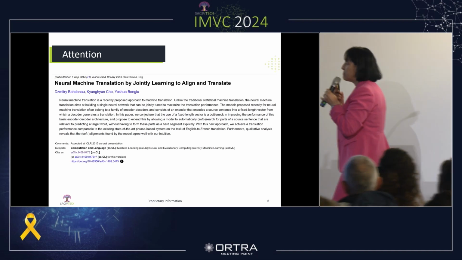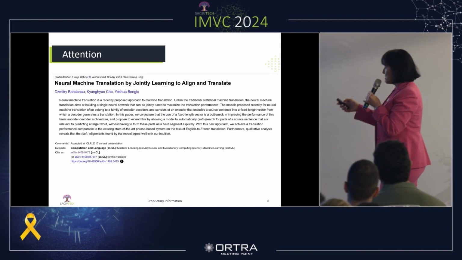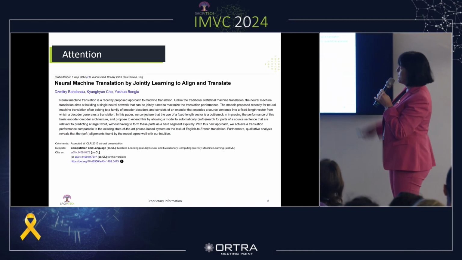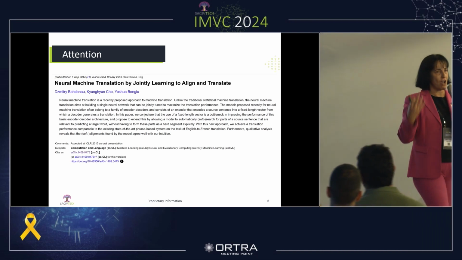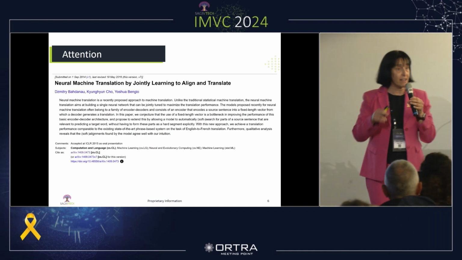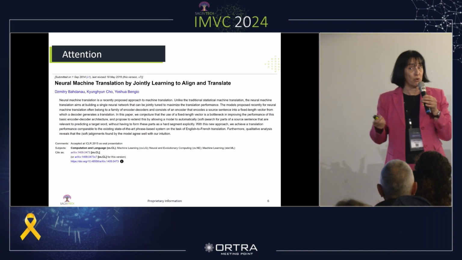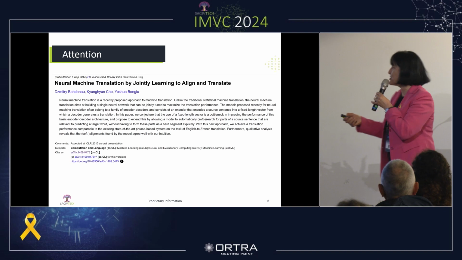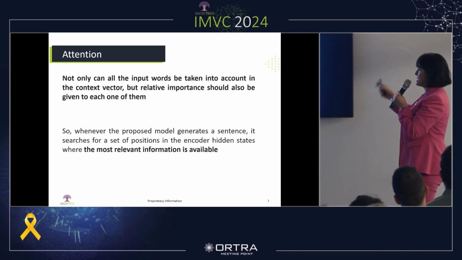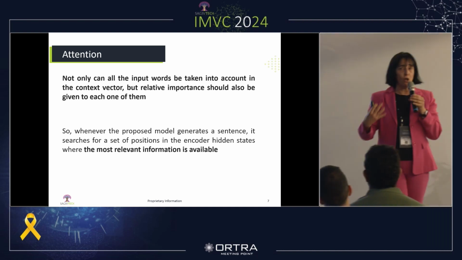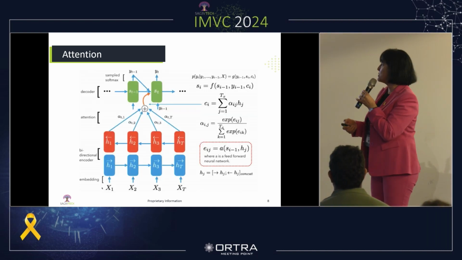And this is super important because, you see this is a very famous name, Yoshua Bengio, and what they said is that it's not enough to have context, you also have to understand what's important and what's not important, so where to put your attention. And so the relative importance of the words should also be taken into consideration.